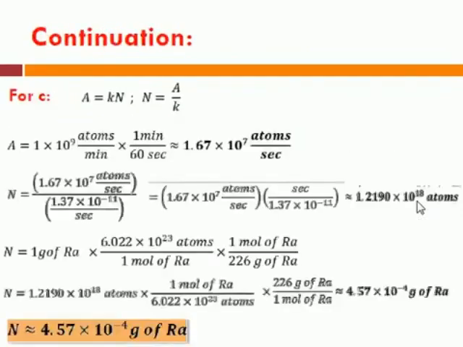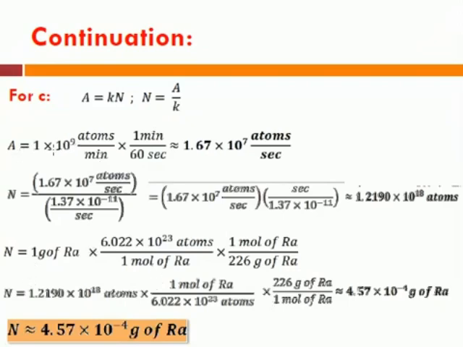So for letter C, A is equal to kN. N is the number of atoms and N is equal to A over k. We're going to find the number of atoms and convert the atoms into grams. So the reverse process of what we did from the previous letter.